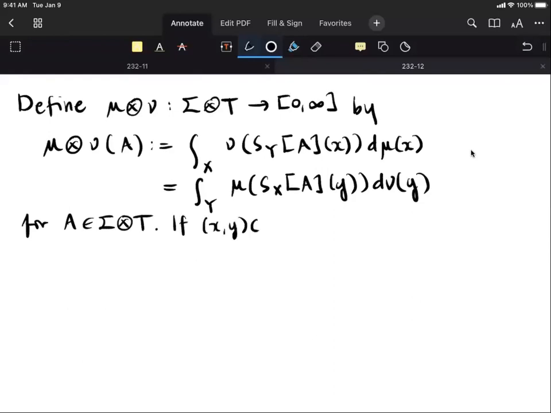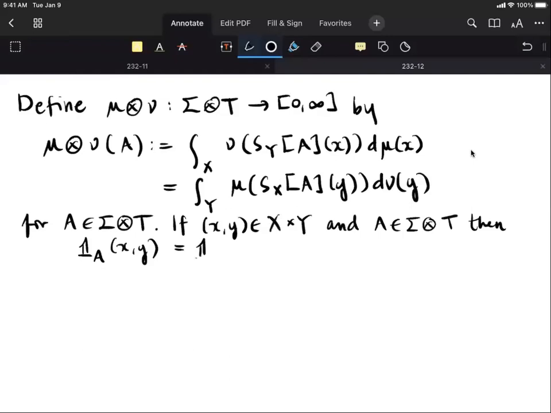If I have an ordered pair in the Cartesian product of X and Y, and an element A in the product sigma algebra, then the value of the characteristic function at the point (x, y) is one if and only if x is in the section of A at the point y, and the point y is also in this section.